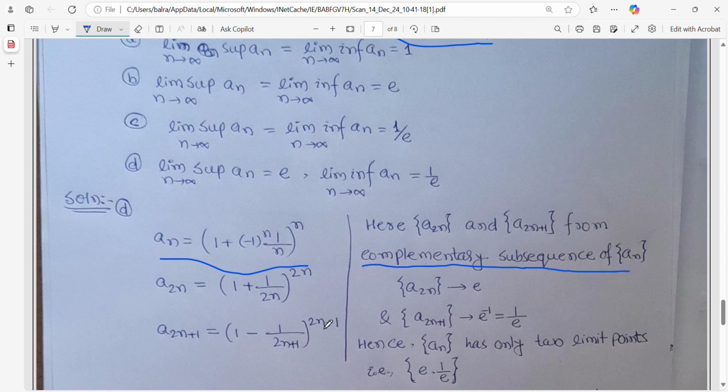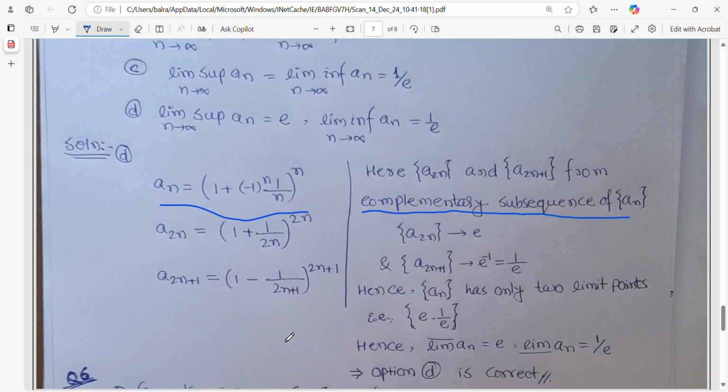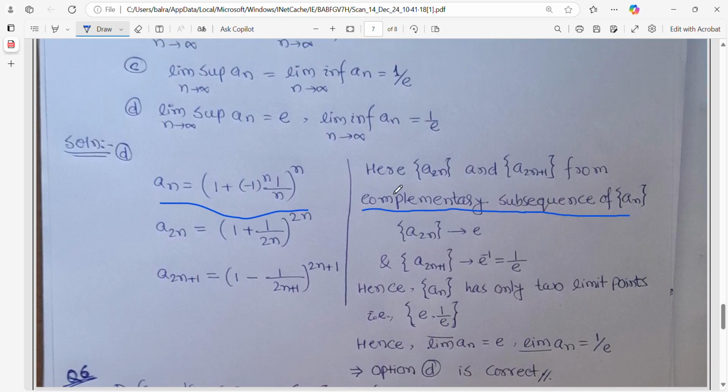Here a2n and a2n plus 1 form complementary subsequences of an. Minus 1 to the power 2n plus 1 is odd, so it comes minus. a2n goes to e: the limit is e to the power 1 by 2n into 2n, the 2n cancel, so e to the power 1 means e.